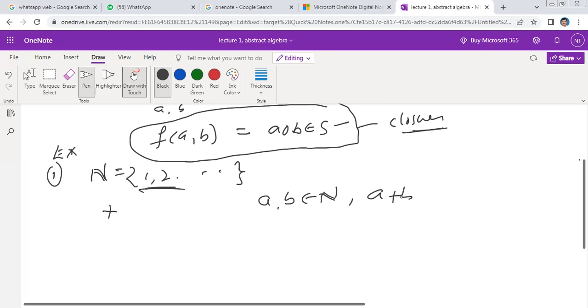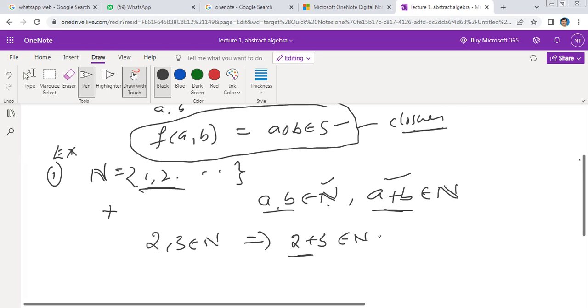Then A plus B also belongs to N. We say that this plus is a binary operation on N. If you take any two elements in N, their sum also belongs to the same N, then it is called a binary operation. Very clearly, 2, 3 are both natural numbers, and the sum of two natural numbers is again a natural number, this 5. Therefore, addition is a binary operation. Plus is a binary operation on natural numbers.